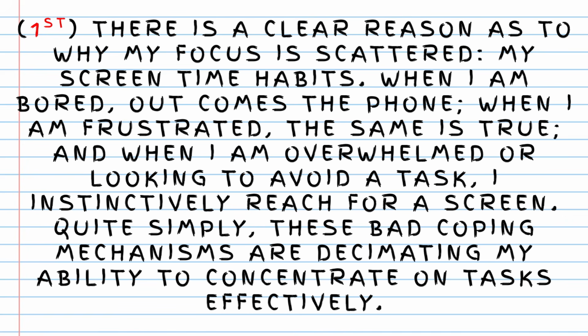Quite simply, these bad coping mechanisms are decimating my ability to concentrate on tasks effectively. So I always ask my students this: what's the promise of the first premise? So based on this, they got to talk about their distractibility and hone in on that and give textual support governing that concept.